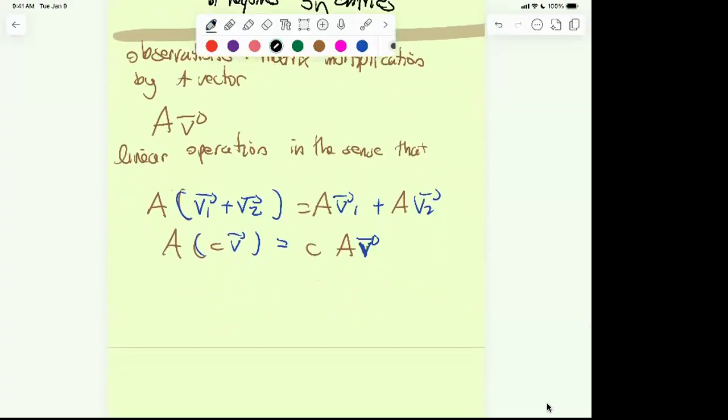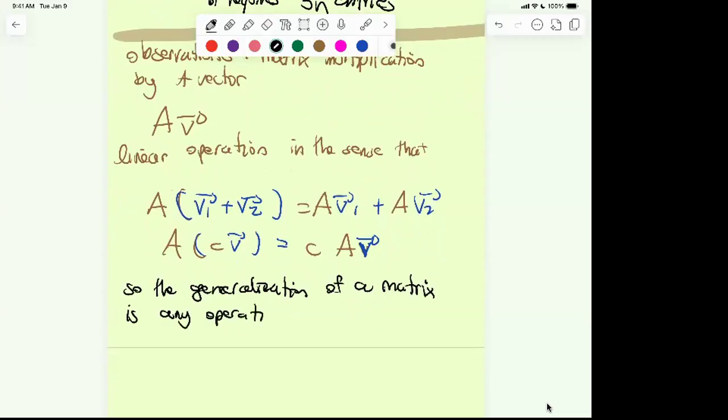The generalization of a matrix is any operation between vector spaces which is linear. And that's why sometimes matrices are called linear transformations, if you have seen that before.